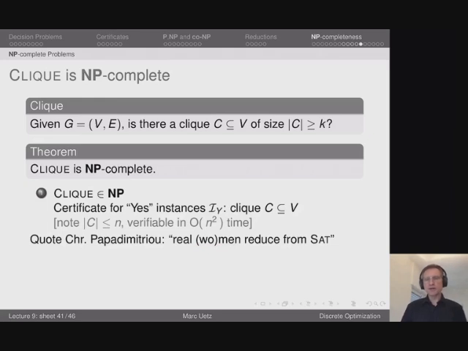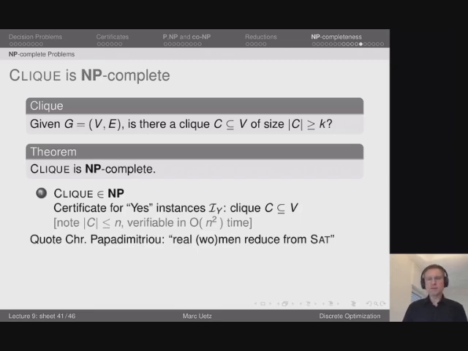We know that if we show that one problem is NP-hard by reducing some other NP-complete problem to it, then there also exists a reduction from satisfiability, right? Because all the NP-complete problems are equally hard and can all be reduced to each other.